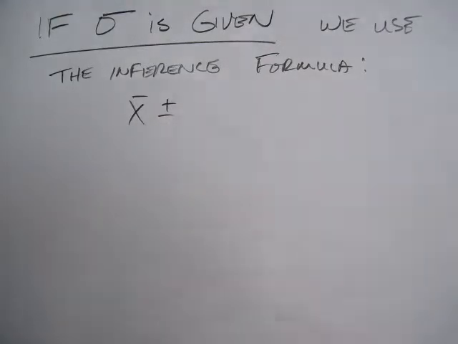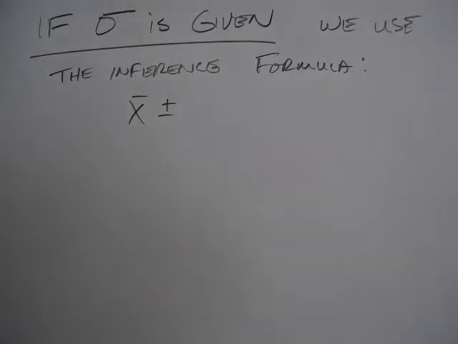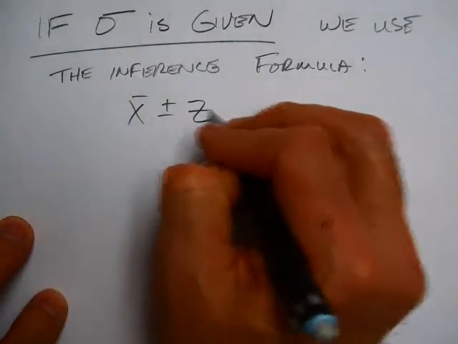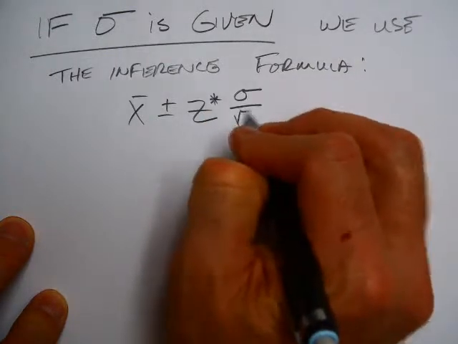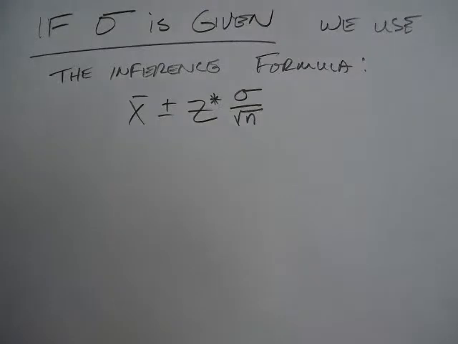Now it's not t anymore because we have sigma. T is when you do not know sigma. You may run across a problem or two like that in the assignment. So you have to decide, do I know the standard deviation, or did somebody have to calculate the standard deviation? That's the difference between your z and your t. Okay?